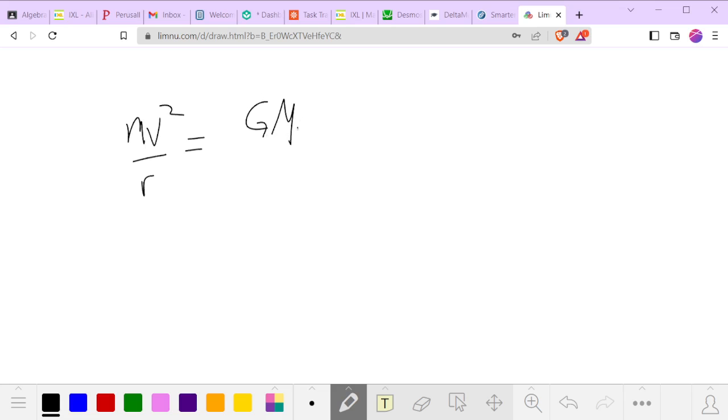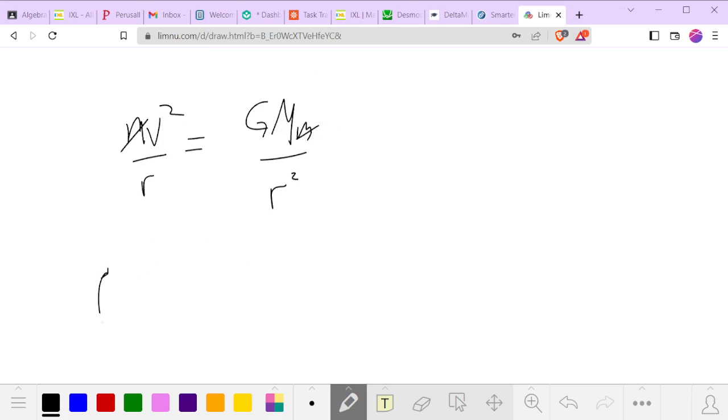We did the algebra in class. It is not on the formula sheet per se. We have mv squared over r equals GMm over r squared, where the mass of the planet cancels and we're left with the mass of the star.